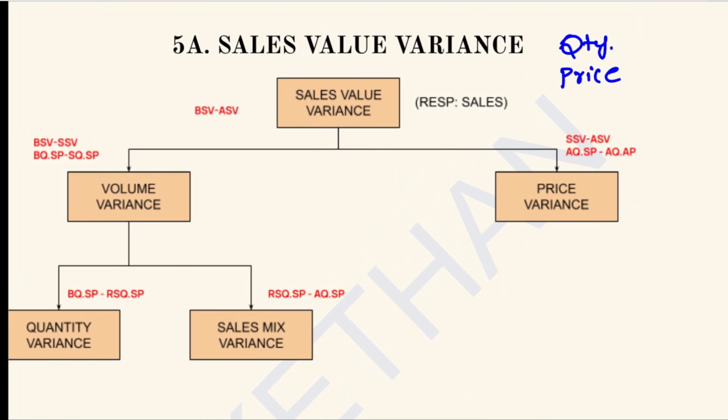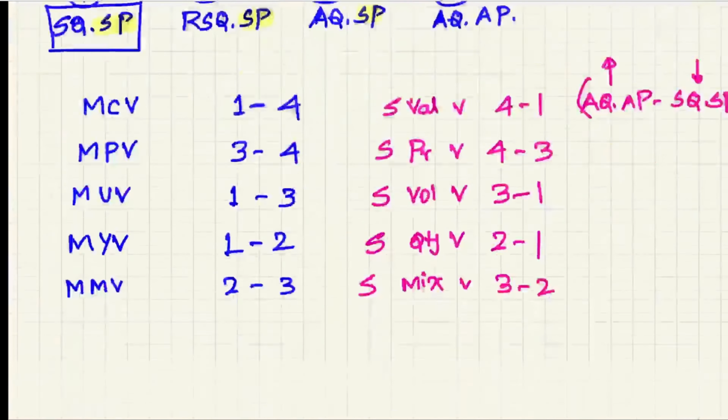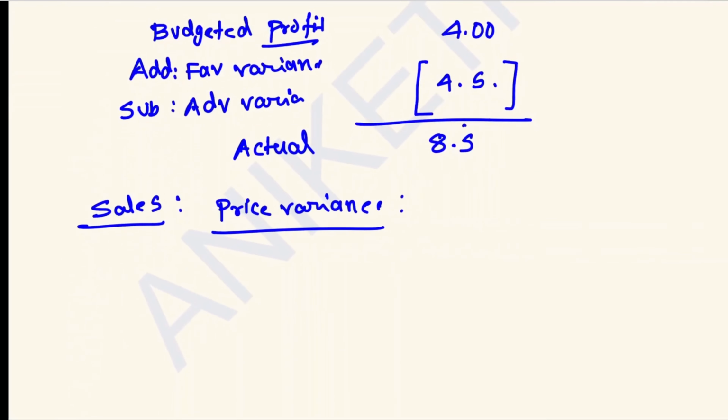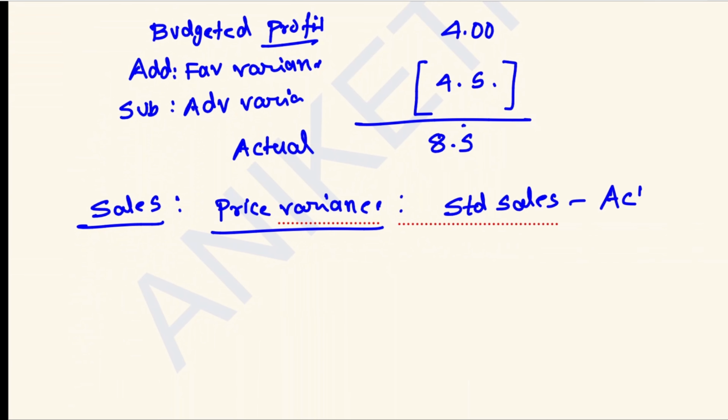But in this problem you don't have quantity or price. So this AQSP is nothing but your standard sales value, and AQAP is the actual sales value. The price variance formula is standard sales minus actual sales.